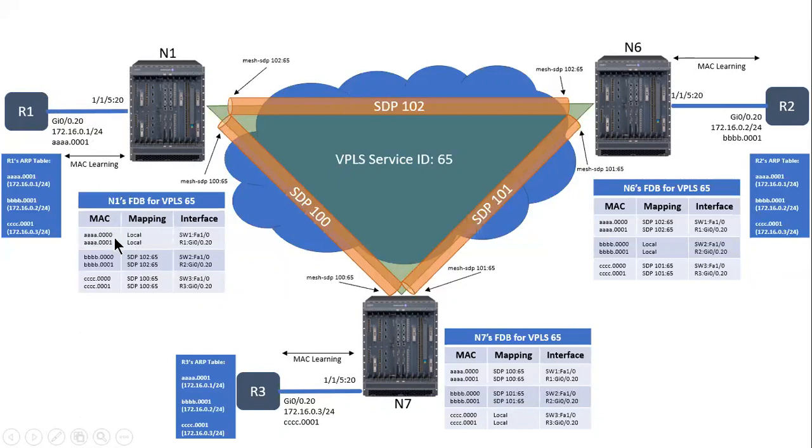So our provider edge router learns the MAC address not only for the switch that's facing it and connected to R1, but it also learns the MAC address for our interface that's part of the VPLS. And that process happens at each provider edge for each router.